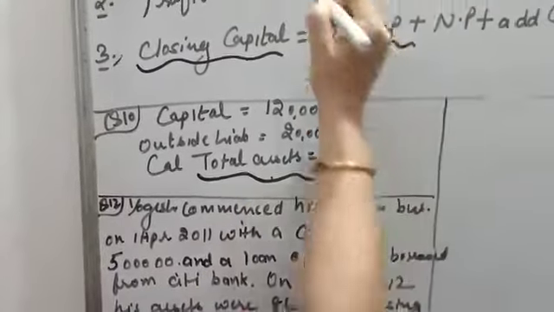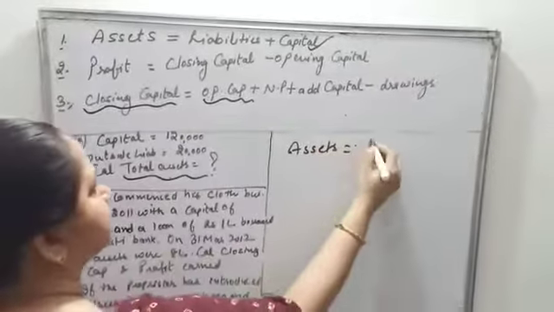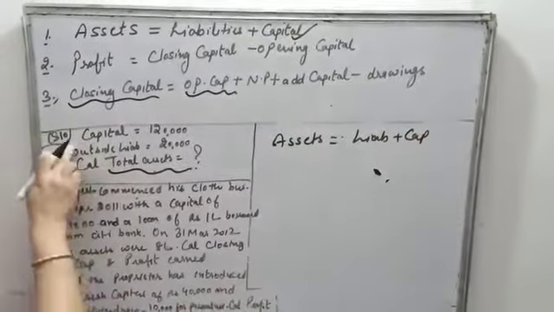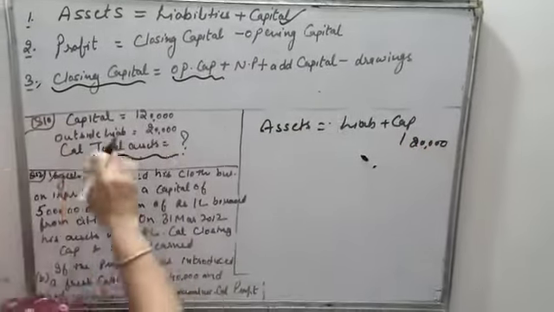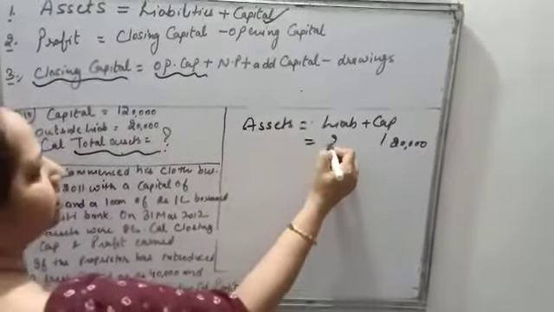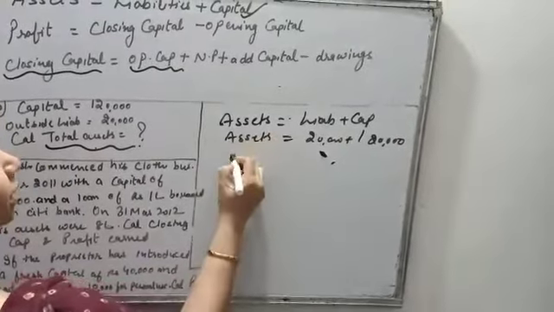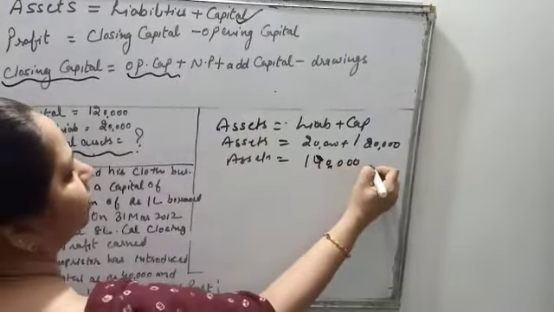The simple formula, the first formula we will apply: assets is equal to liability plus capital. Just write down the values. Capital we are having 1,20,000. Outside liabilities we are having 20,000. So how many assets do we have? The value comes to 1,40,000. It will be our answer.